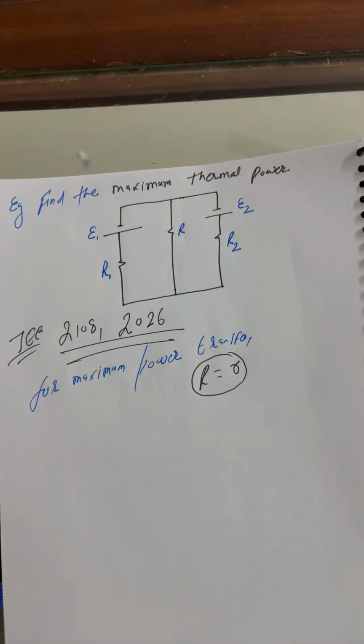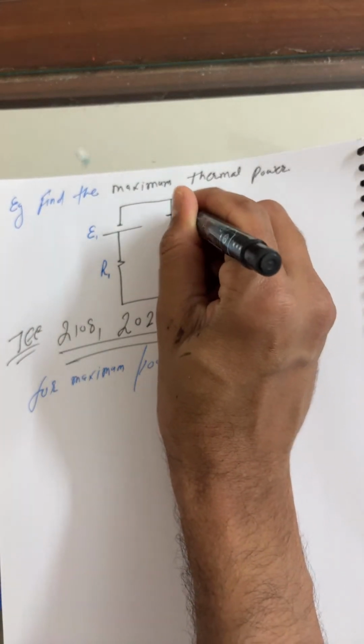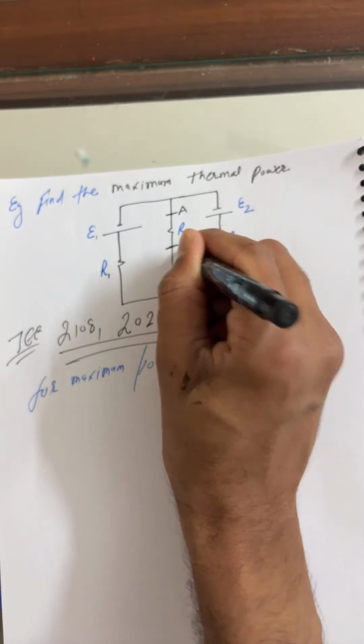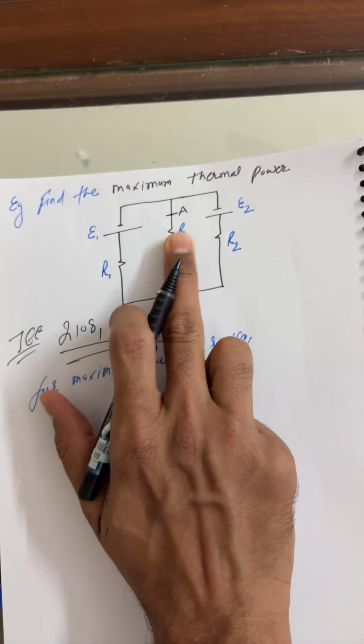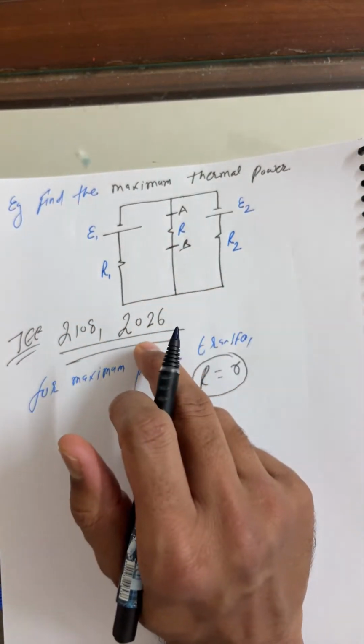So beta, first I'll find here R equivalent across AB. You can take the points, this is A and this is B. So I can say for this resistor, these two are in parallel.